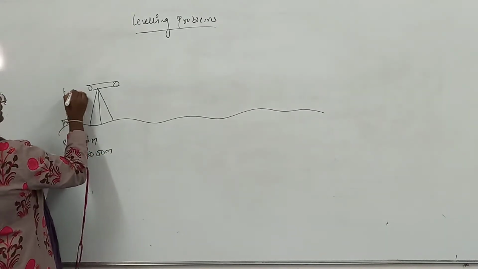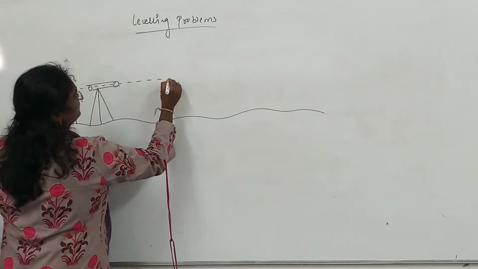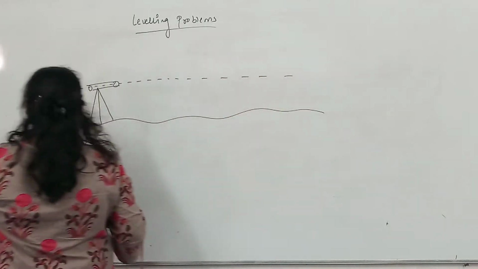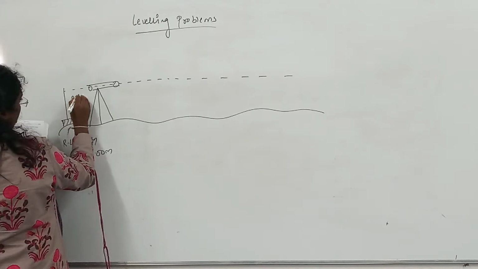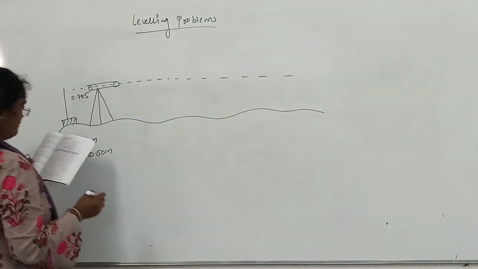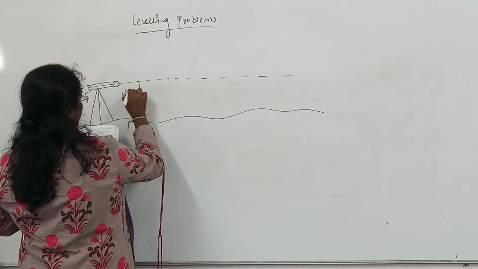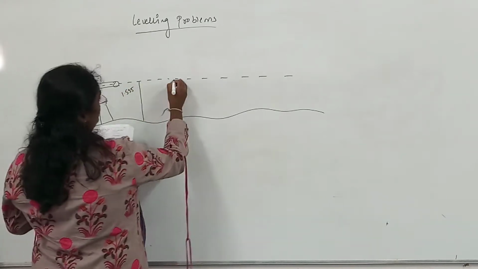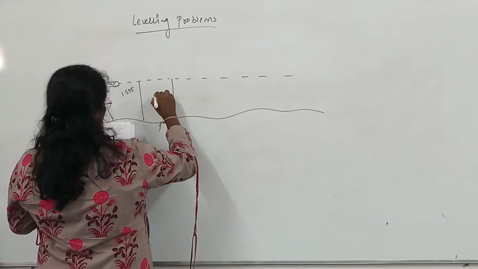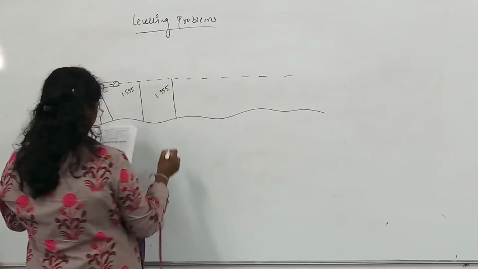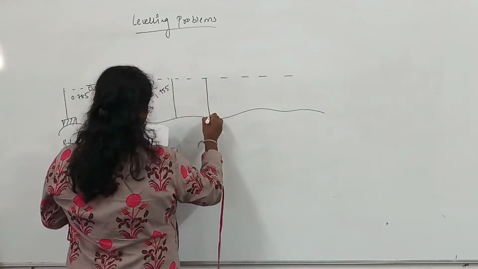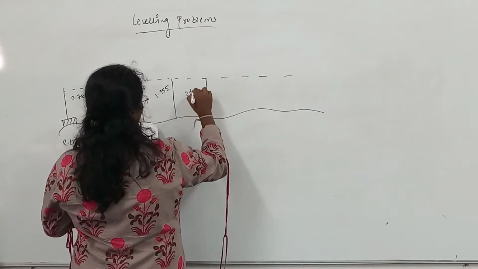Here the first value, backside, he has given is 0.785. Next value he has given 1.535. Next 1.955. Next 2.430.